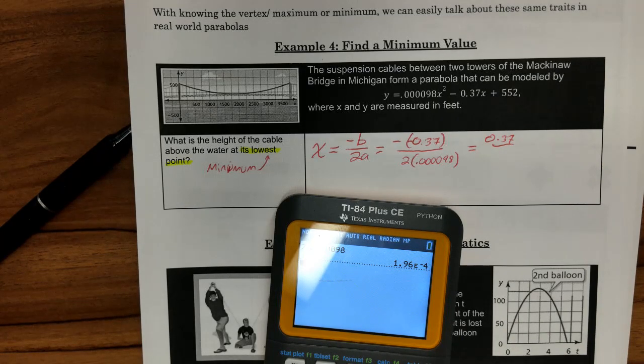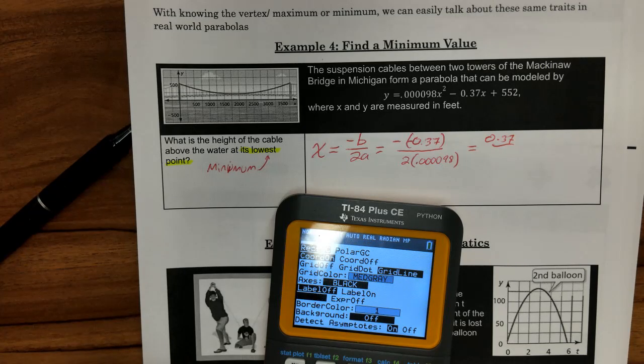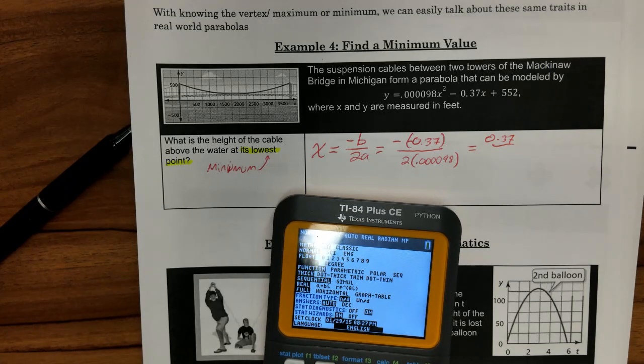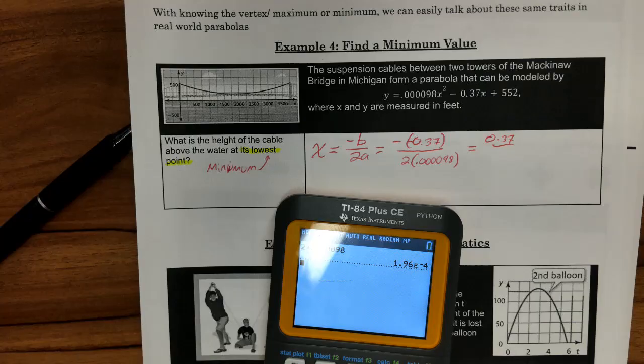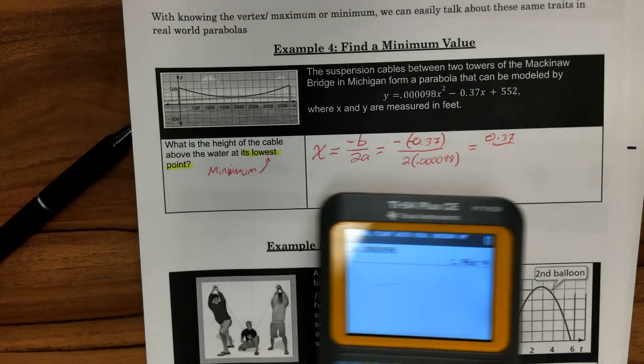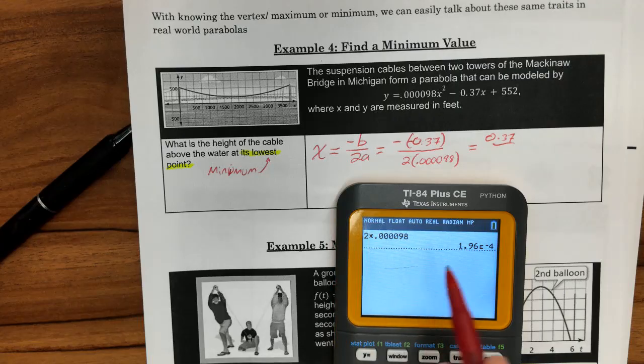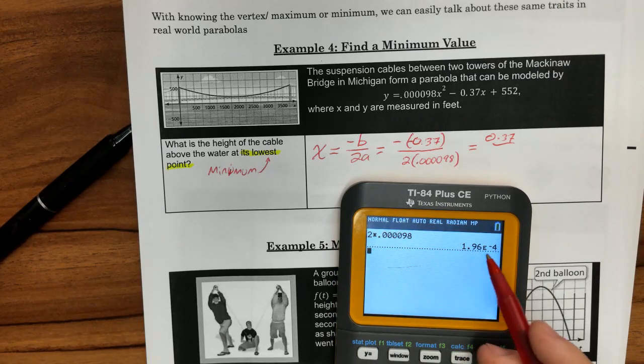This is something that is in scientific notation. If you want to get out of scientific notation, I believe you can just go to mode. Oh, it seems like we are in normal mode. All right, then here's a trick to help you out with a problem like this. In this problem, it suddenly turned to 1.96 e to the negative 4th.